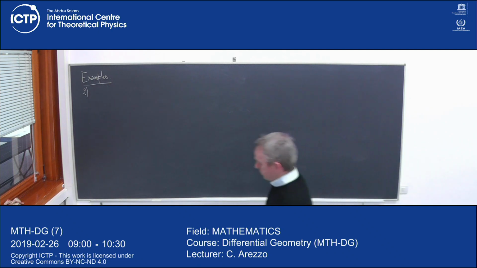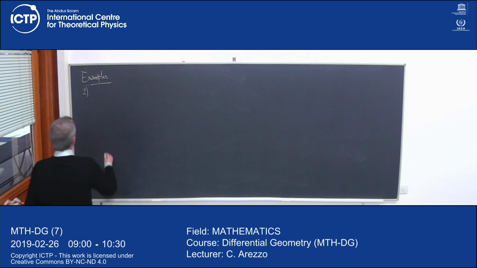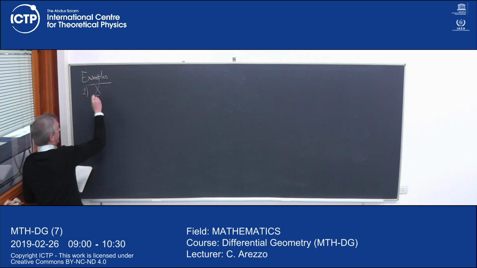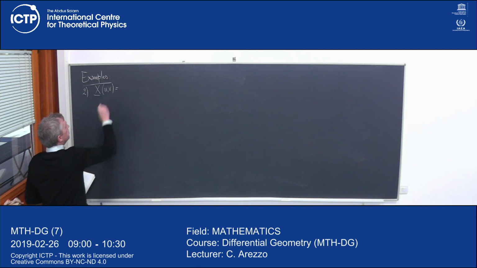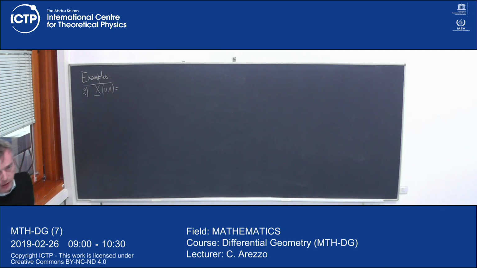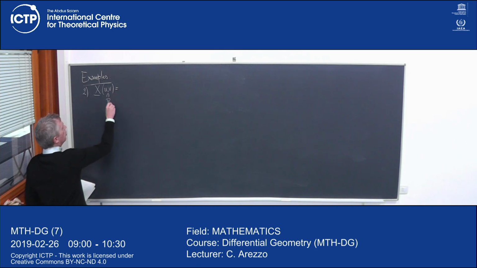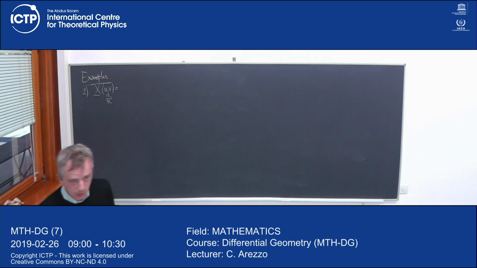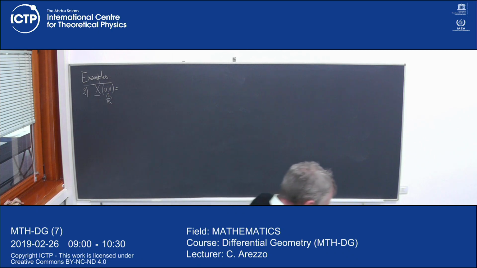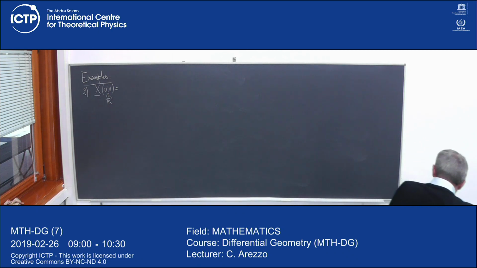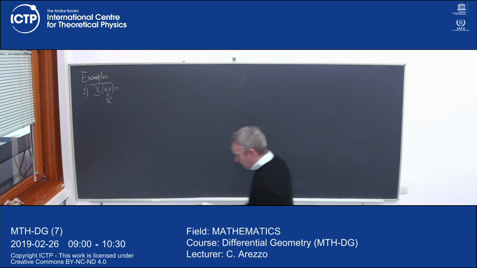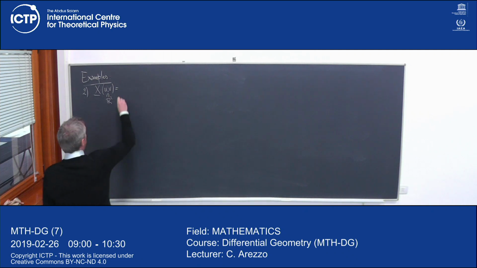Let me write down the chart for this surface, and then we will comment on what it means. Take again u, v as our parameters, with no constraints on u and v, and take this parameterization here.